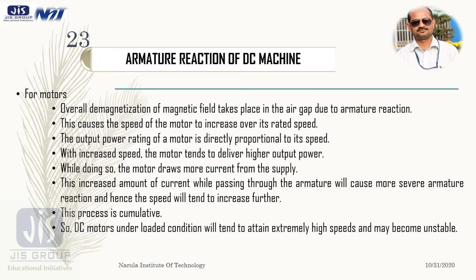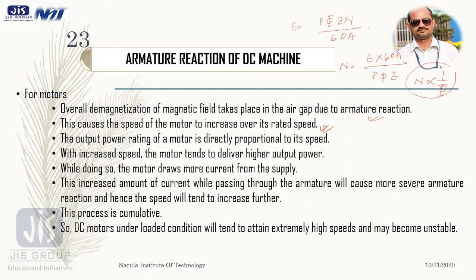Now for a motor, a similar overall demagnetizing effect of the magnetic field takes place in the air gap due to the armature. This causes the speed of the motor to increase over its rated speed. Because E equals P phi Z N by 60A, from here we can write N equals E into 60A by P phi Z. So N is proportional to 1 by phi.